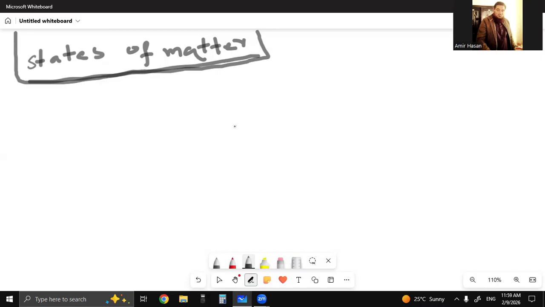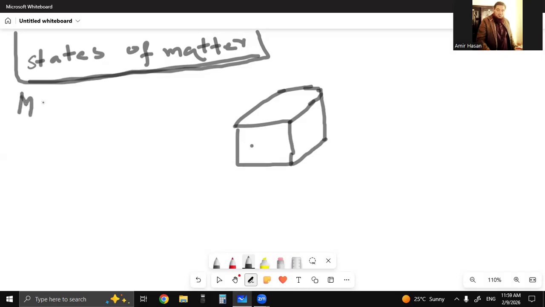For example, there is a cubical container. In this container, there are gas molecules present, and we know the molecules of the gases are moving freely in every direction in a container.